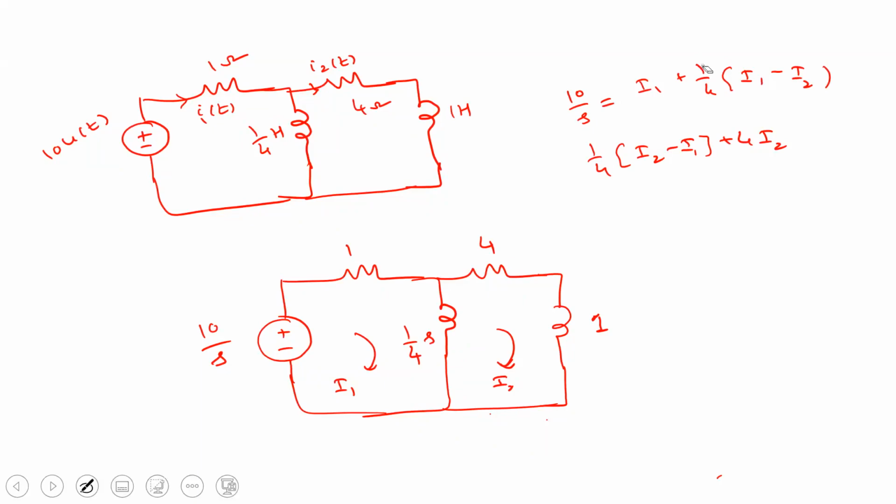There also one S. Yeah, this is S. 4 into I2 plus S into I2. Correct?